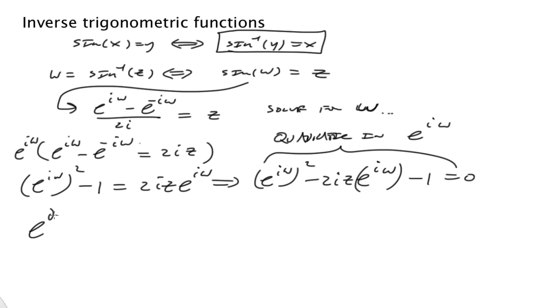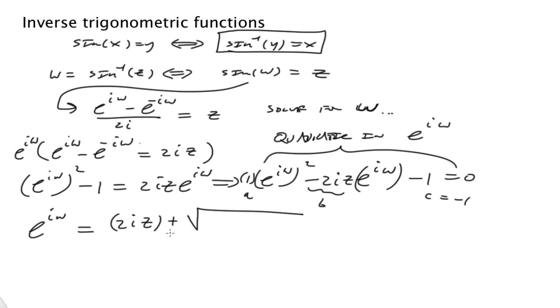e to the iw then is equal to, and we have to do this right there, that's our b, and our a there is 1, and this is our c, which is equal to negative 1. As you are well aware, we go minus b, so that becomes 2iz, and then we do plus, and I'm going to use the square root of, and this will now be our complex square root.